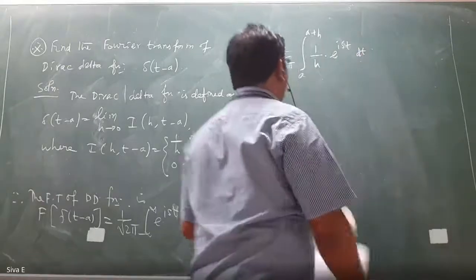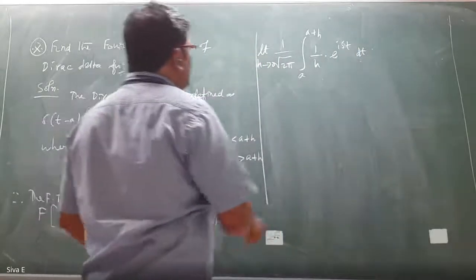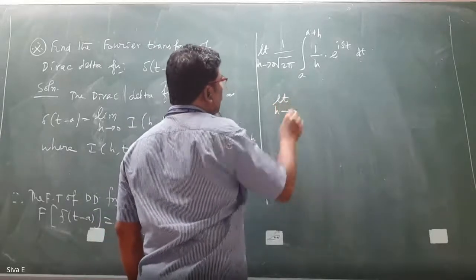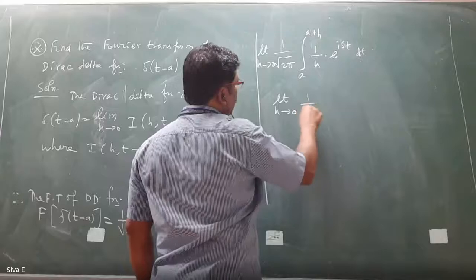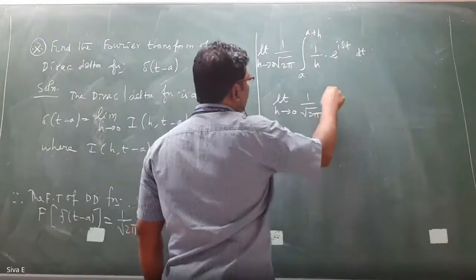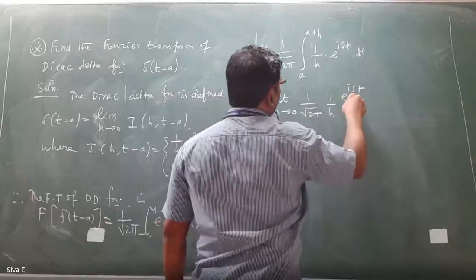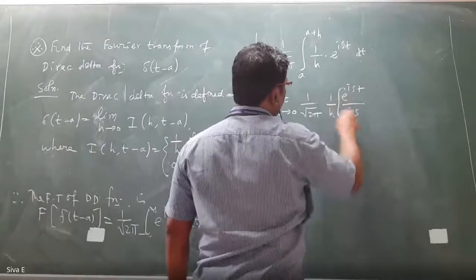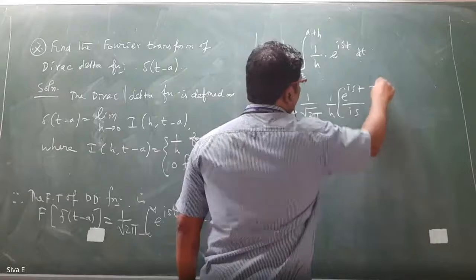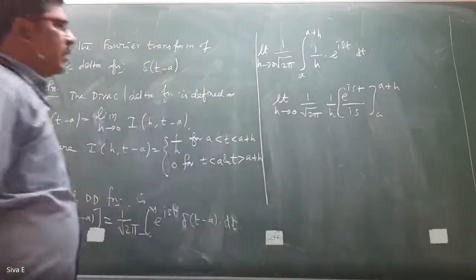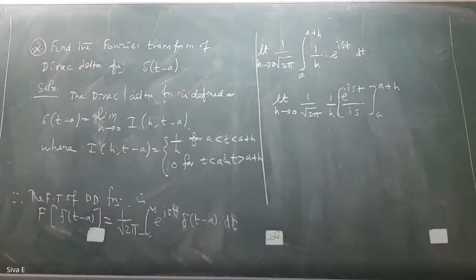Taking 1 by h outside, limit h tends to 0, 1 by root 2 pi, integral of e power ist dt from a to a plus h.